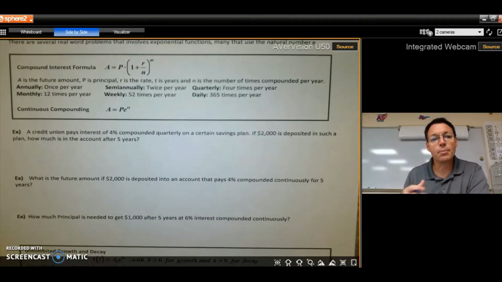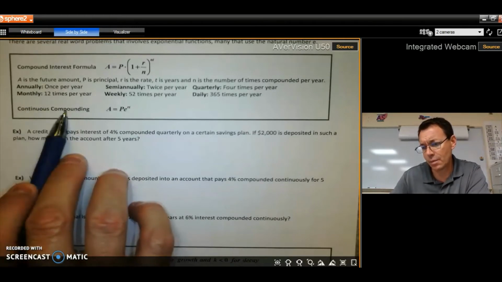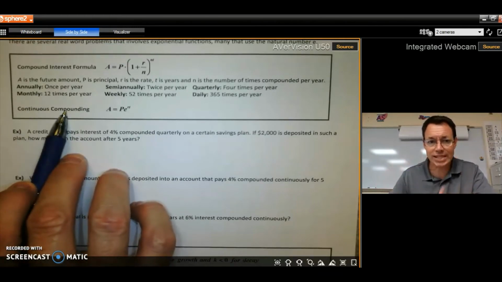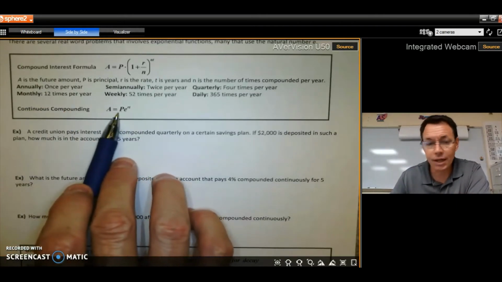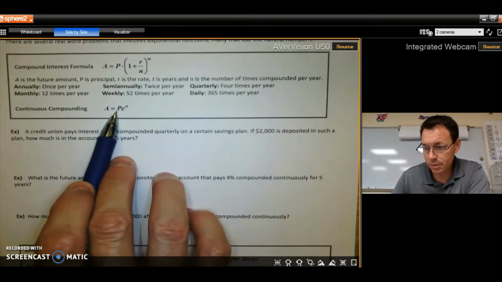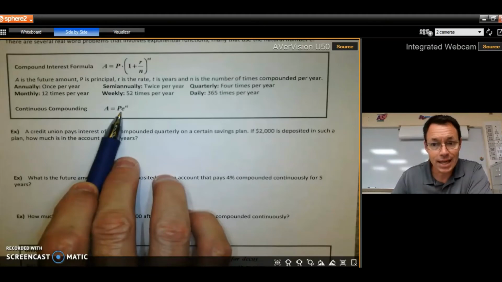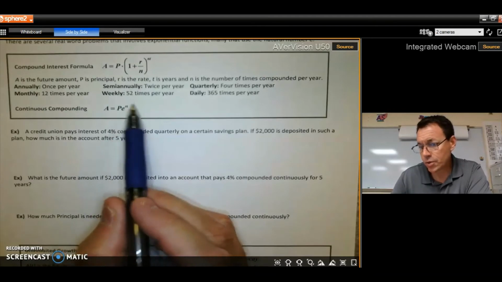Eventually, you're going to approach what's called continuous compound. Continuous compound is like instantaneous. Like every second, they're calculating it, giving it to you, calculating it, giving it to you. And we get this formula right here. I call it the PERT formula because it's P, again the principal, and then it's E, that natural number, which is what this right here is getting closer and closer to.